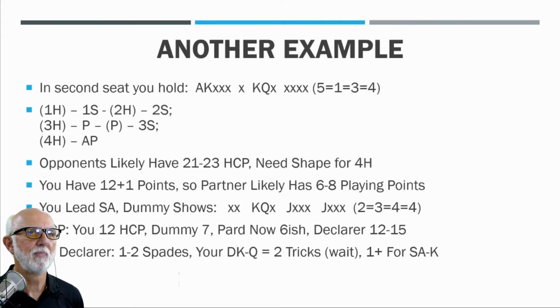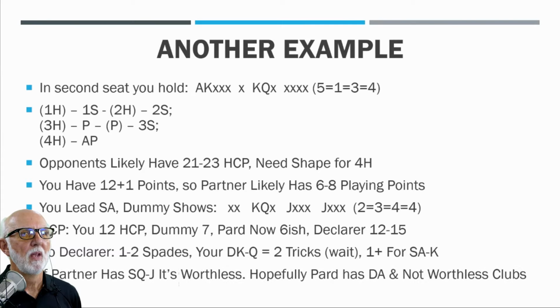So not sure who's got the ace and the king in the club suit, but we've got that spade ace king. So if partner has the queen and the jack of spades, they're not really going to be worth much, right? If this is a 4-card suit, because we can see the dummy's hand. Remember that dummy's hand shows jack fourth. We don't want to promote their jack, that's for sure.